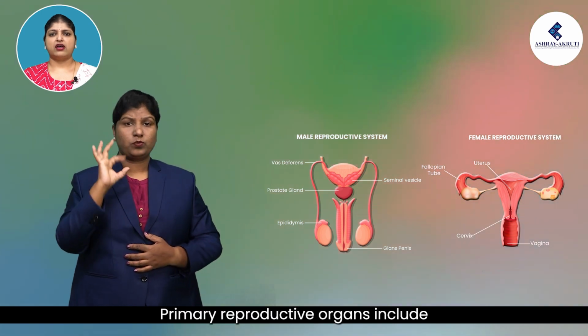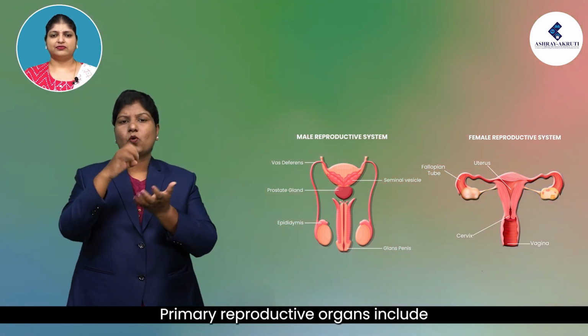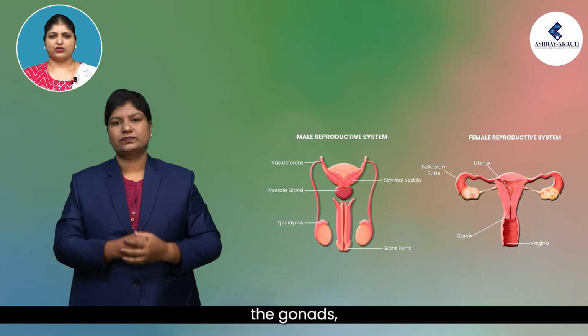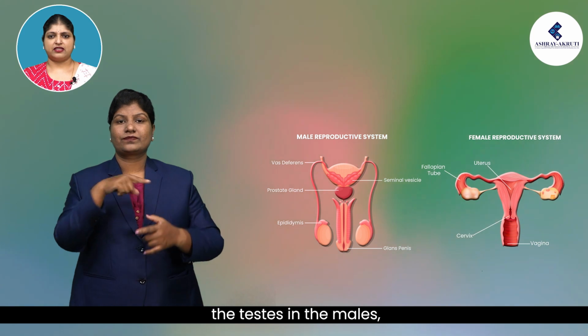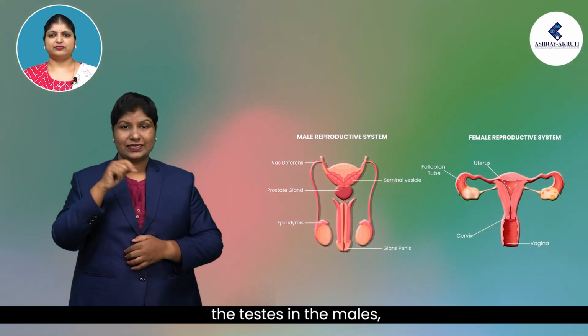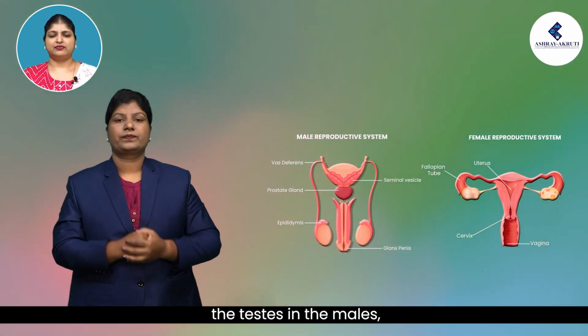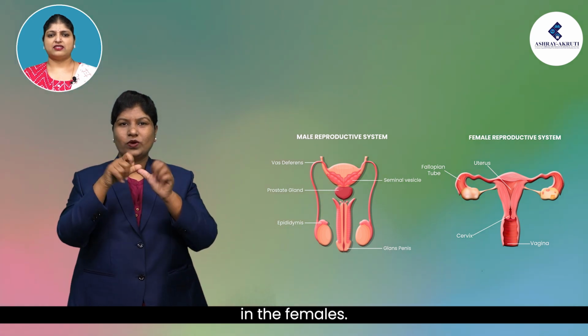Primary reproductive organs include the gonads, the testes in the males, and ovaries in the females.